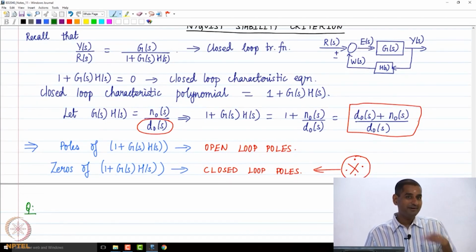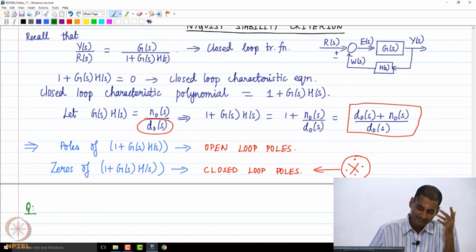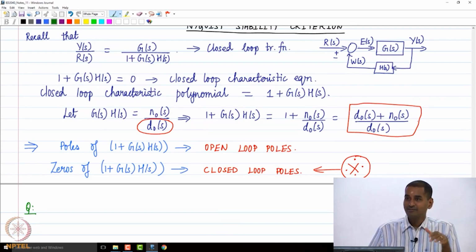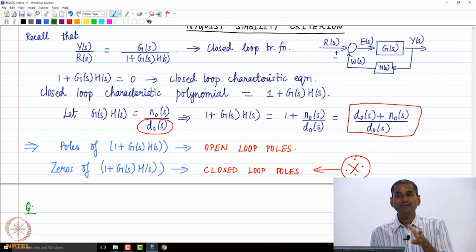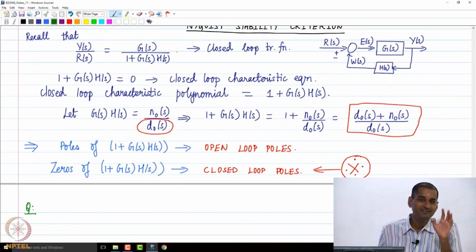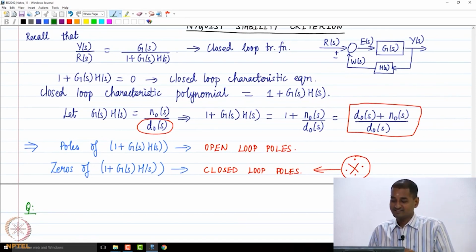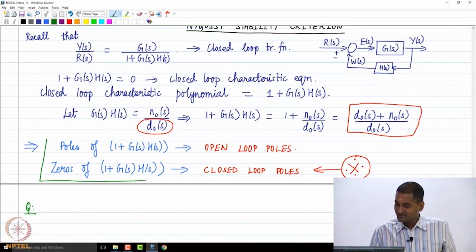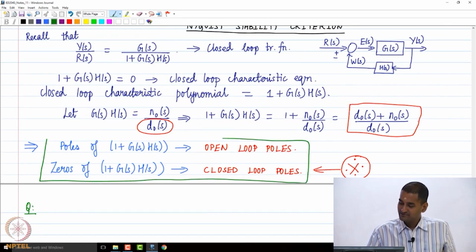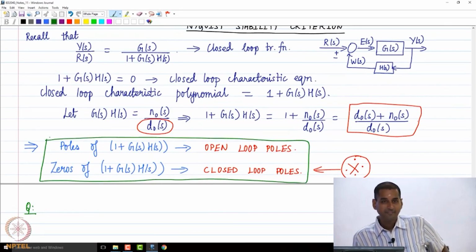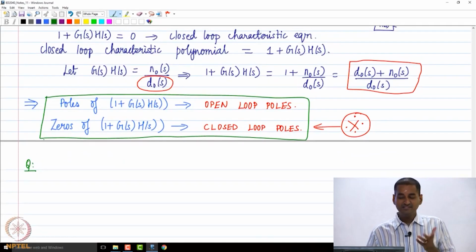It is a very natural question, because I am extracting the denominator of the closed loop transfer function, then writing it as a ratio of another numerator and denominator, then processing it. From here onwards I will just use this terminology. That is why we came to this.